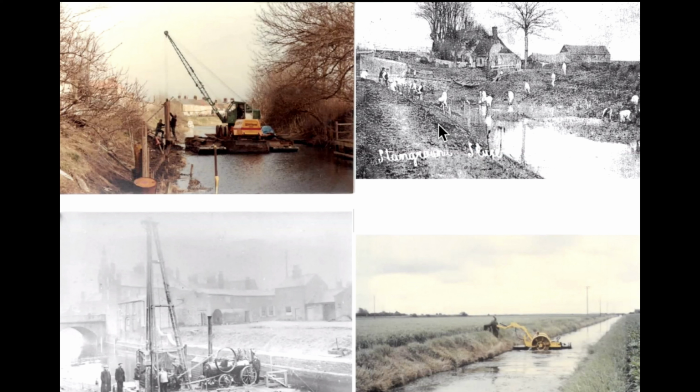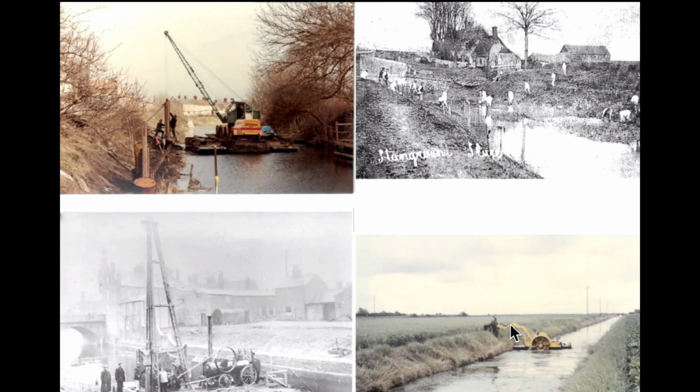The top left-hand photograph shows some piling works being done on the old River Nene. This is using a piling rig powered by a diesel generator. Down in the bottom left-hand photograph, very similar work, but in this case, this was in around 1910, and the piling rig is actually driven by a little steam engine floating on the barge here.